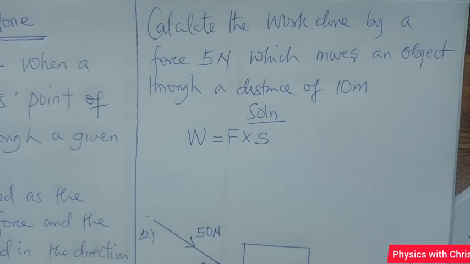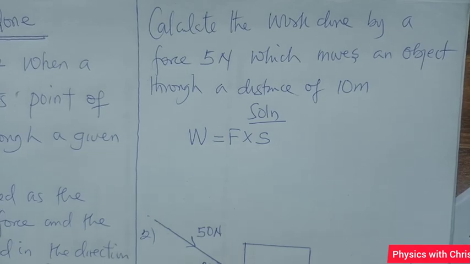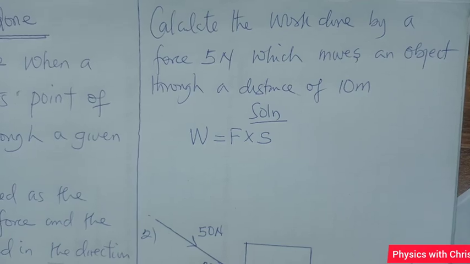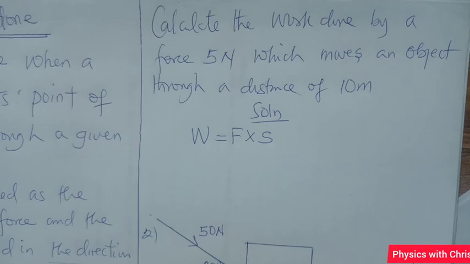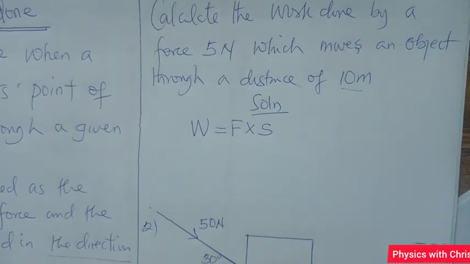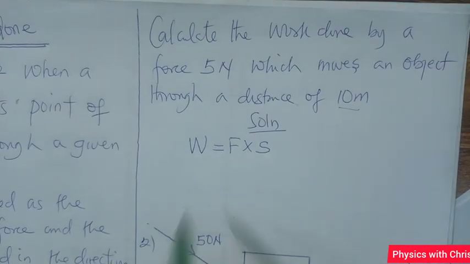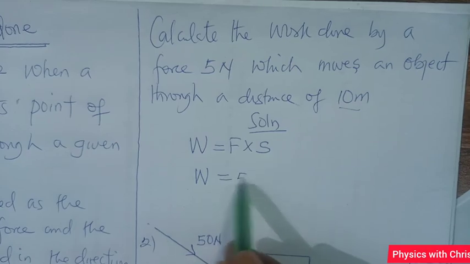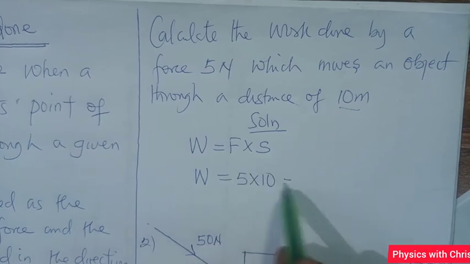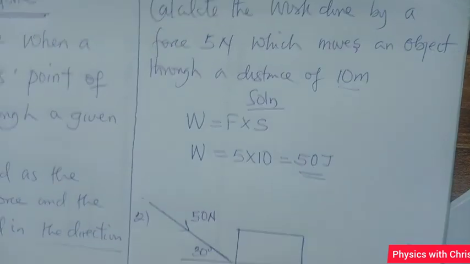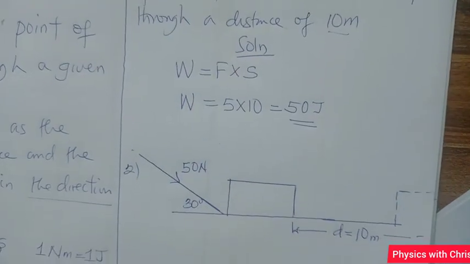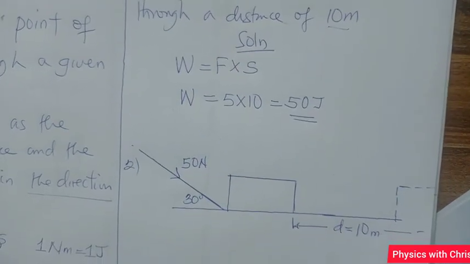In some cases, in exam questions, they may express the distance in centimeters or even in millimeters. You need to know how to do some conversion, converting distances in other units to meters. So here now, luckily, the distance is in meters, so there's no point doing conversion here. So my work done is calculated as 5 times 10. That gives me a work done of 50 joule, or 50 Newton meters, sorry to say.